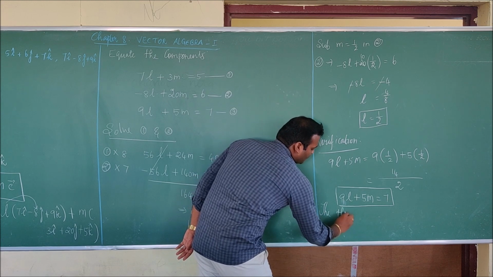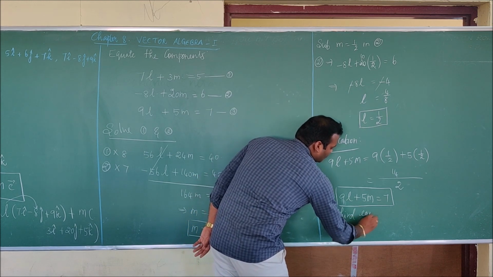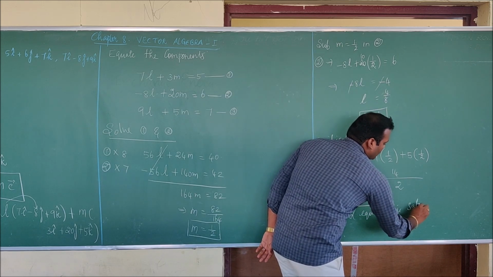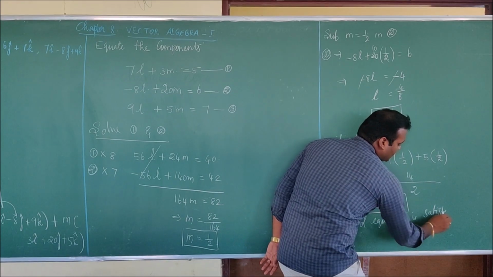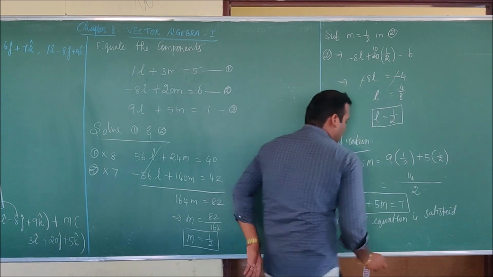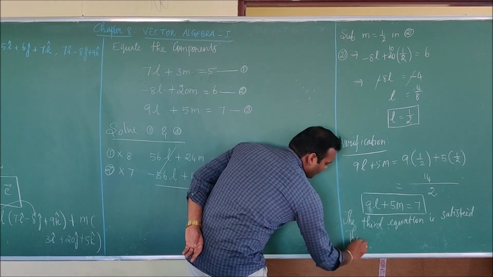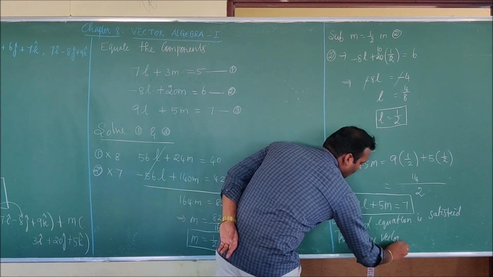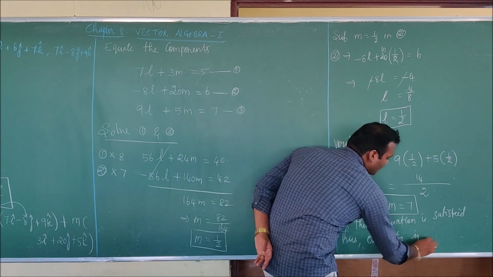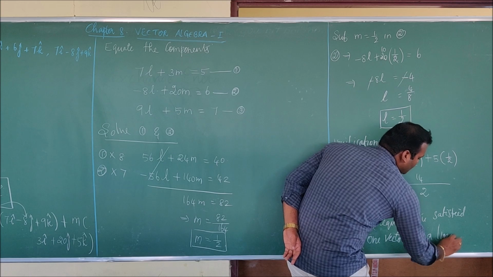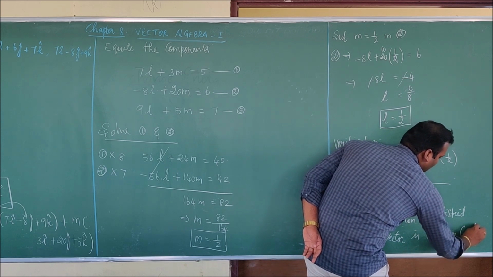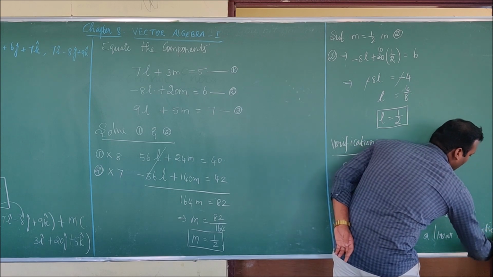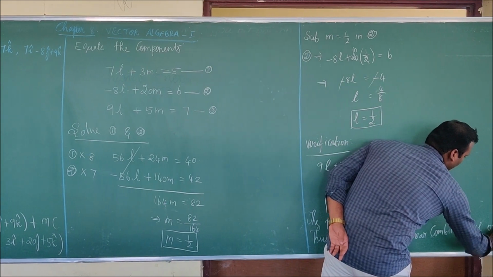The third equation is satisfied. If the third equation is satisfied, we can say that one vector is a linear combination of the other two vectors.